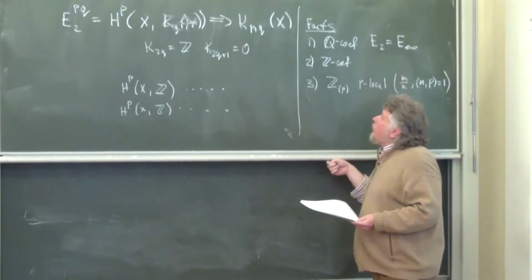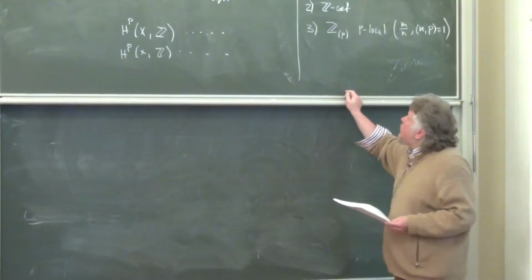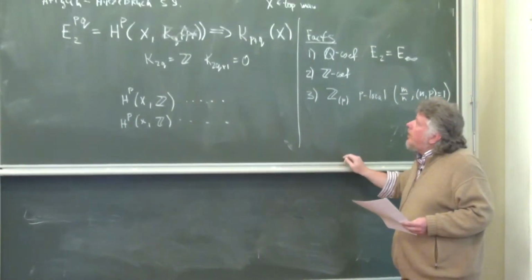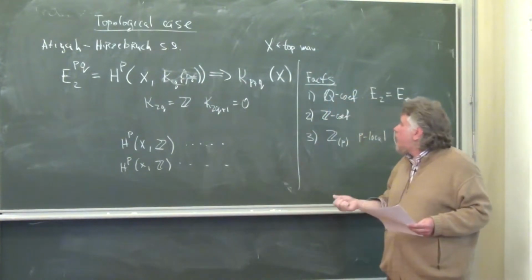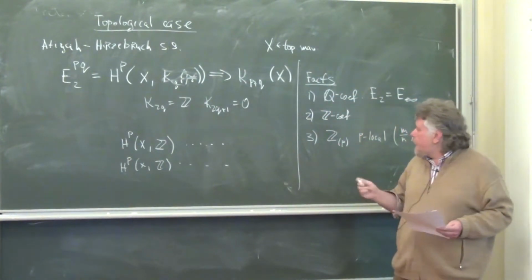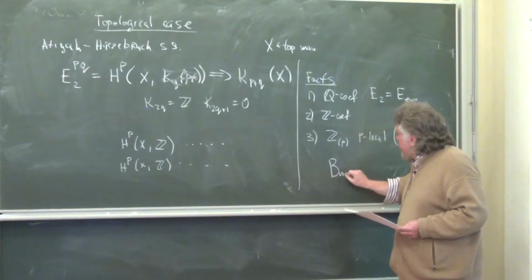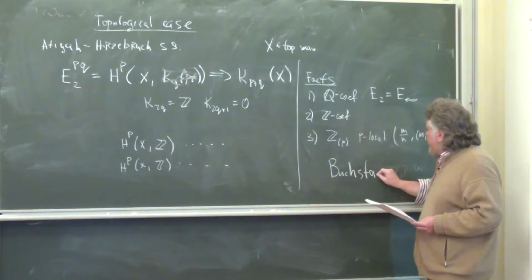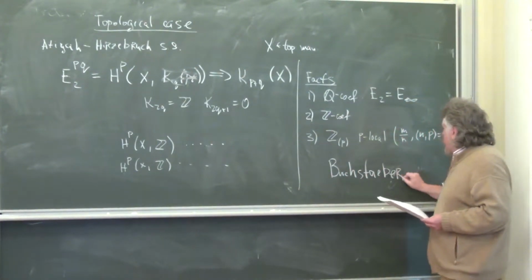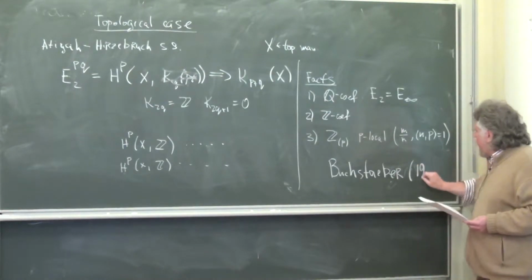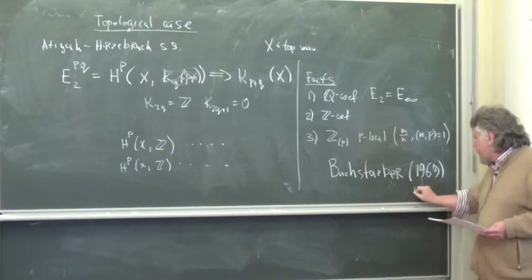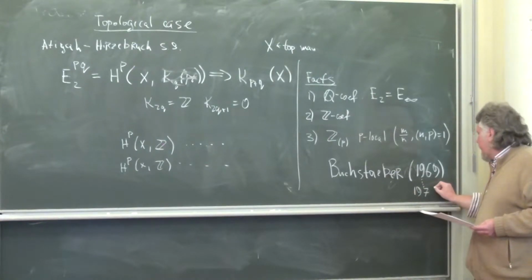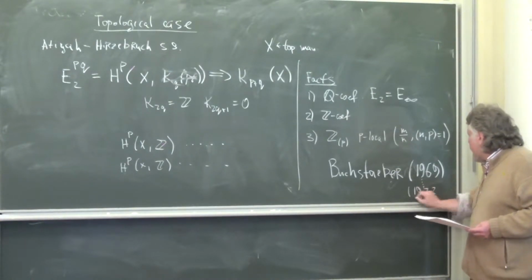So the first investigation of differentials of this spectral sequence was made by Victor Buchstaber. It's quite a long time ago. It's 1969. It was a sequel of papers, probably up to 1972 or 3, something like that.